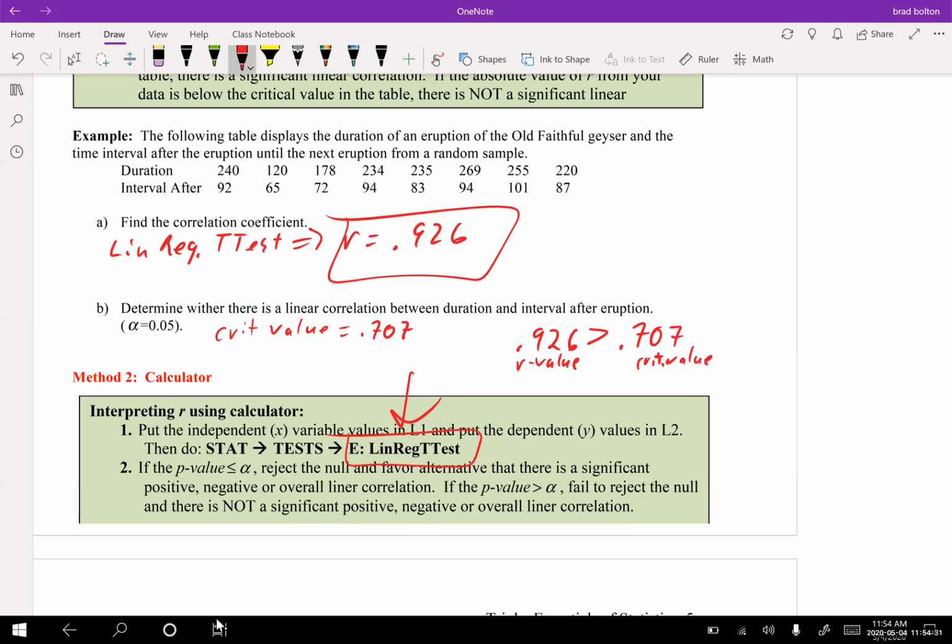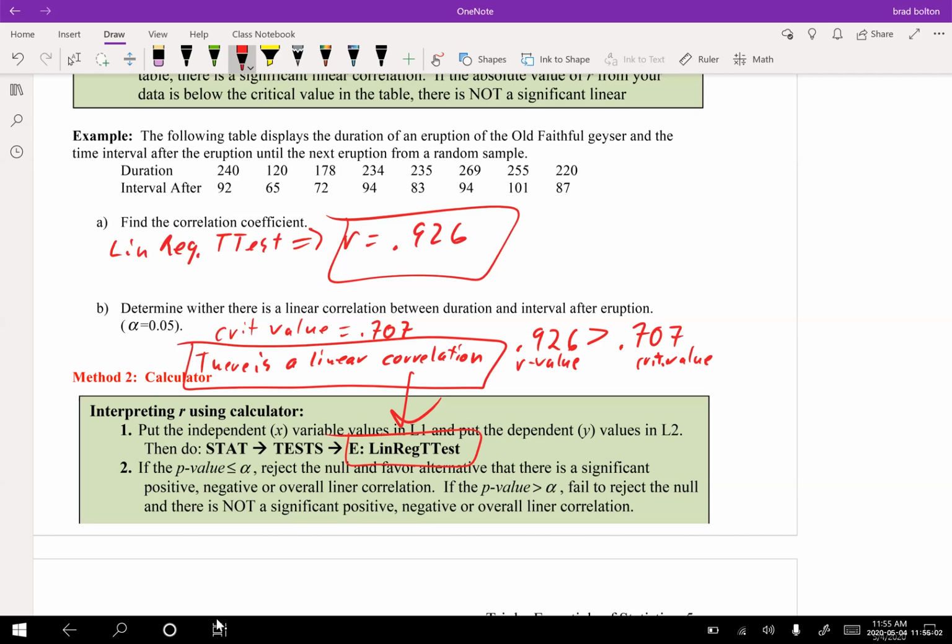So if our R value exceeds our critical value, there is a linear correlation, okay? So whenever your R value exceeds your critical value, you have a linear correlation. That's kind of the fast way to do it.